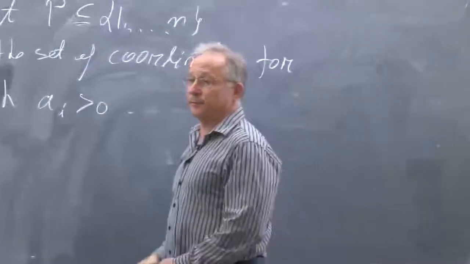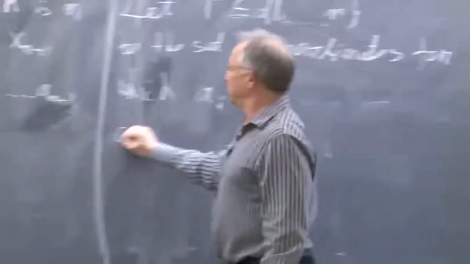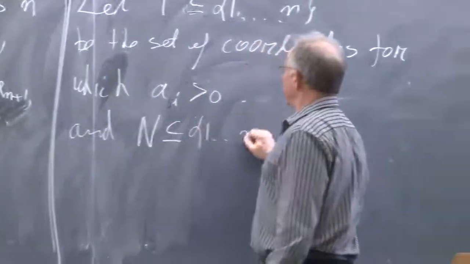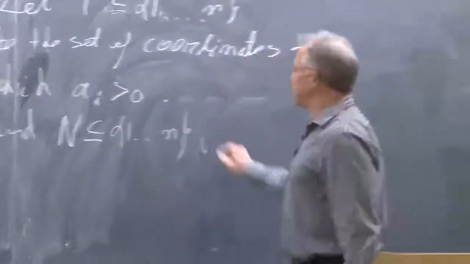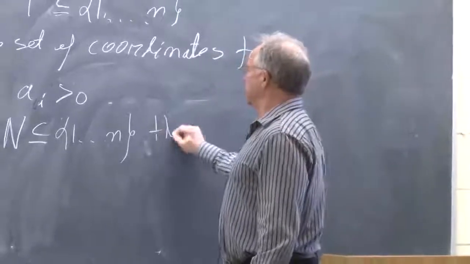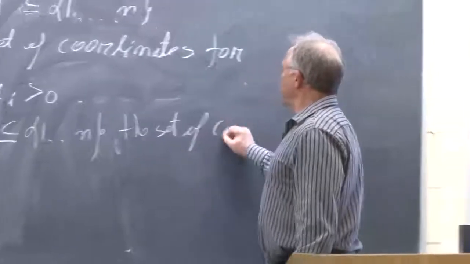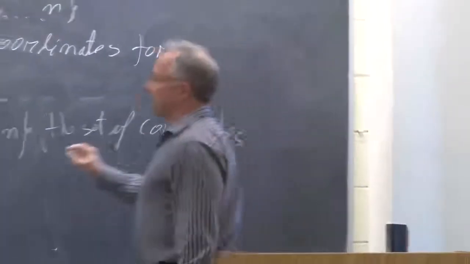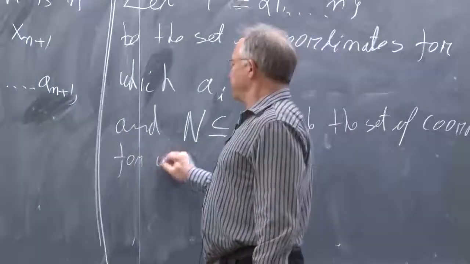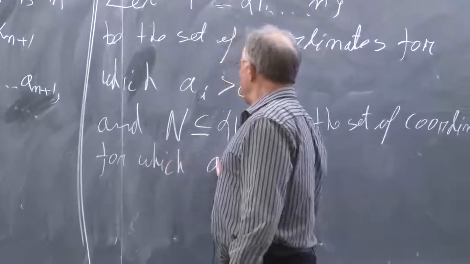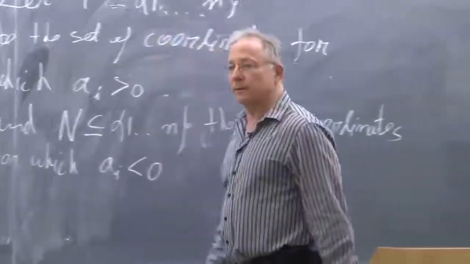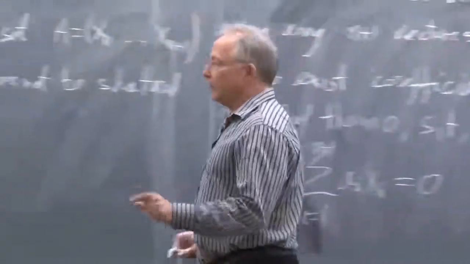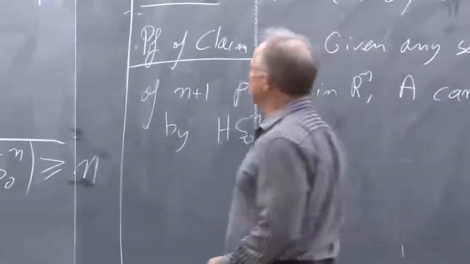P for positive. And N, another subset of 1 to n, will be the set of coordinates for which ai is less than 0. Since not all of the coefficients are 0, I know that it cannot be that both of them are empty.